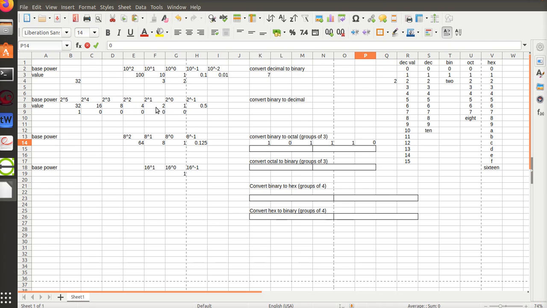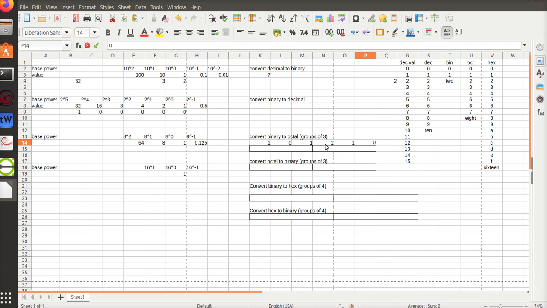So if I go from 0 to 7, I've got 8 possible values, which is exactly what my octal value is. If these 3 columns were all 1, they would convert to a 7. If they're all zeros, they would convert to a 0.